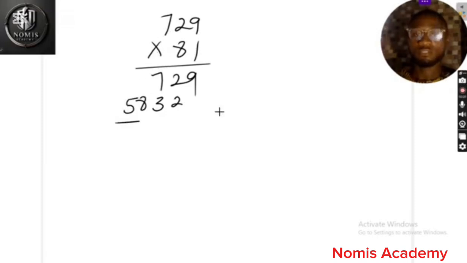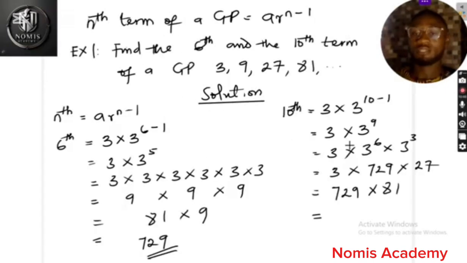So when we add up, we have 59,049. So that is the 10th term of the GP with the sequence like this.